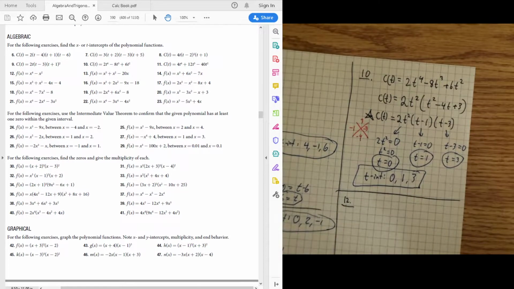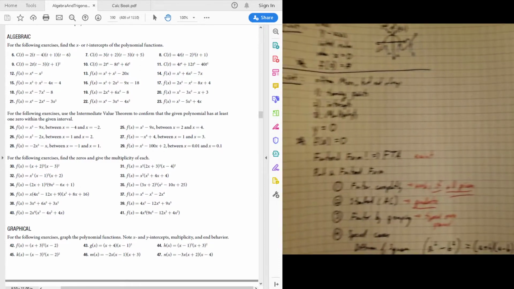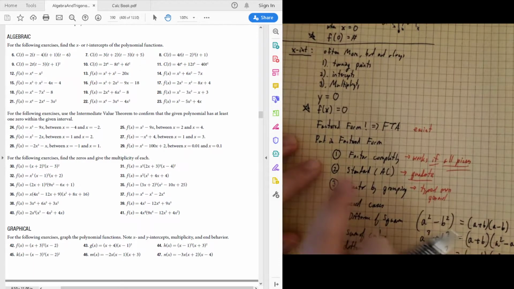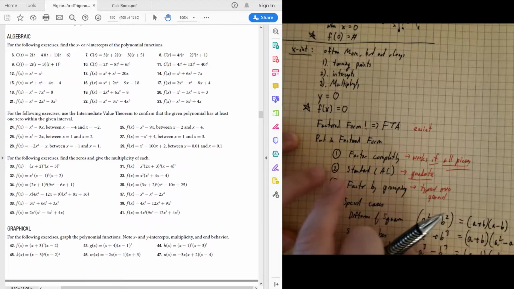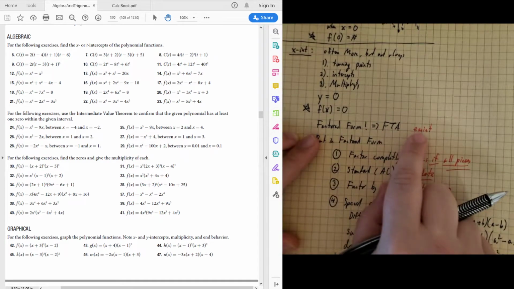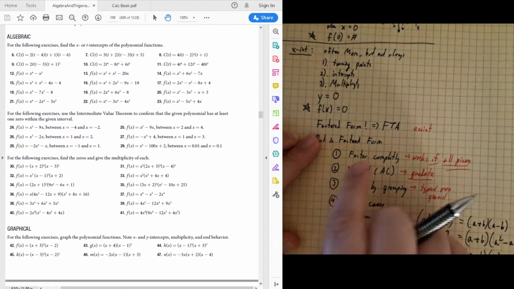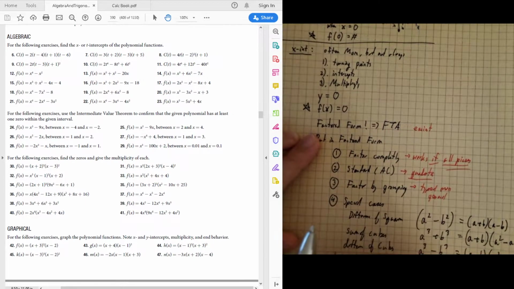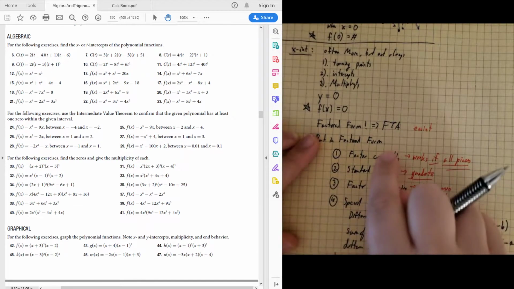In this problem, just to reiterate some points here, we had to factor something out of everything. We had to do a standard AC method to put it in factored form so we could use the fundamental theorem of algebra. We had to do 3 completely different steps to solve this problem. And the thing is, in any given problem, those 3 steps could all happen. Or we could add in another one.